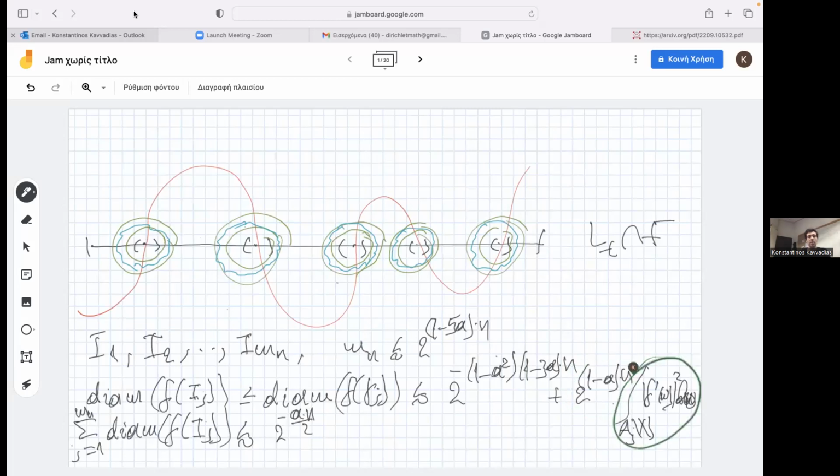Remember, every such annulus is contained in the neighborhood of the part of the line in the rectangle of radius 2 to the minus 1 minus A squared times N. So this is 2 to the 1 minus A times N, and here I have the integral of the square of the derivative of f on that very, very small neighborhood.